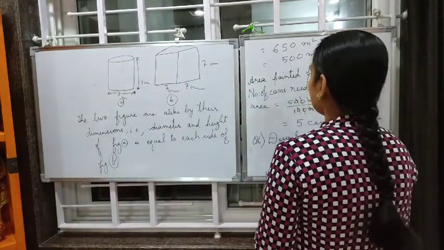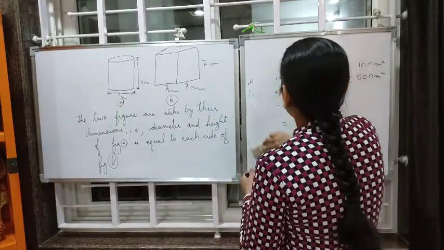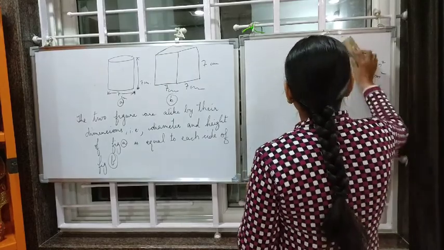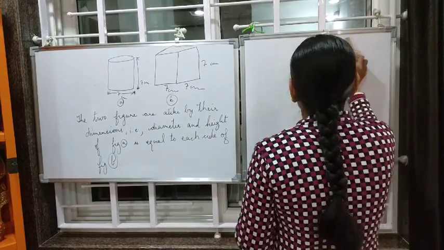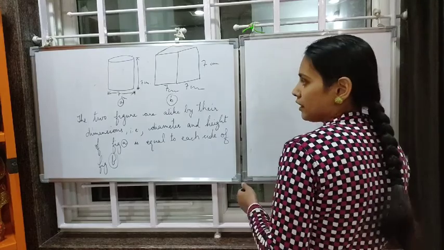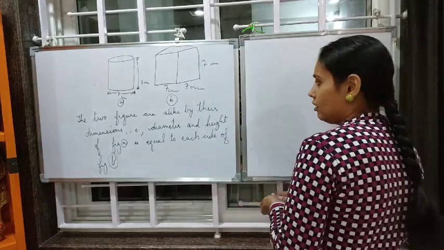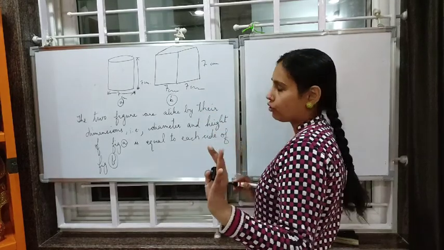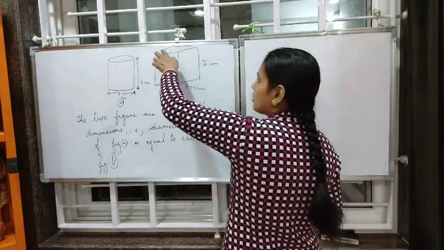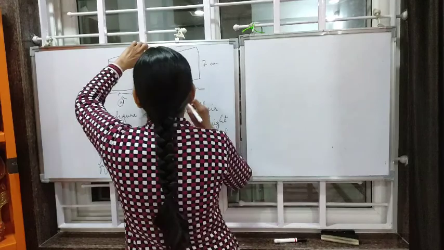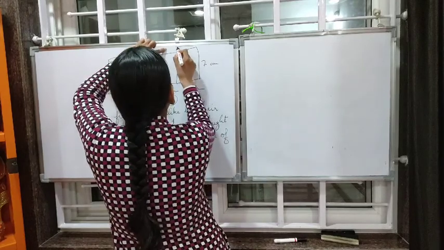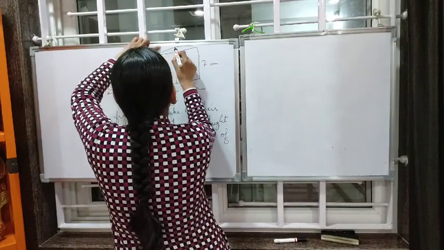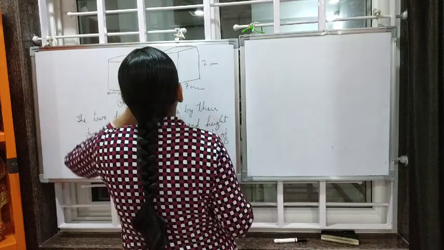And how are they different? The two figures are different by their shapes. Figure A is a cylinder and figure B is a cube. It is not looking like a cube, but children, please, you make a cube properly, okay? There was no space, so I have just made it anyhow.